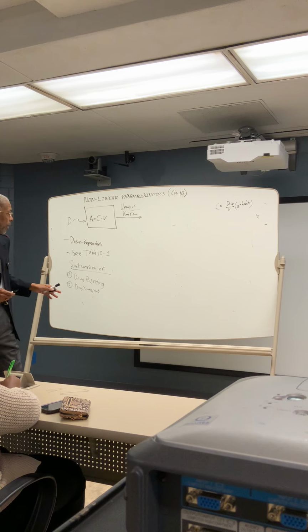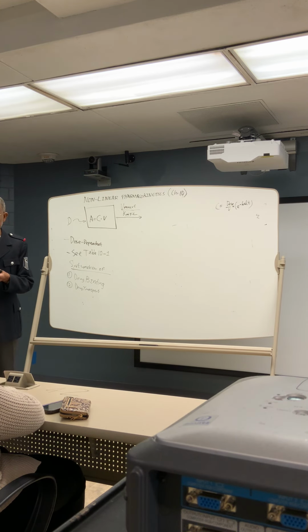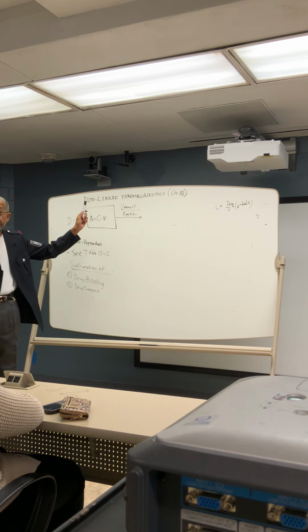For instance, probenecid is actively transported from the plasma and secreted into the proximal tubule of the kidney. You may have talked about probenecid in some of your other classes. If that carrier-mediated drug transport process becomes saturated, then probenecid will begin to show dose-dependent pharmacokinetics.